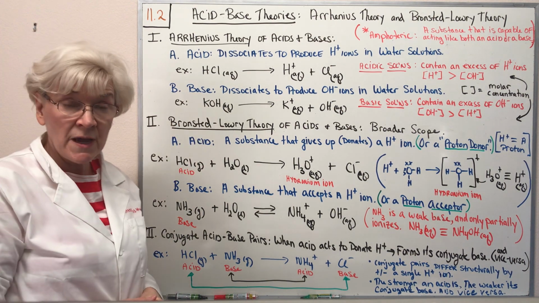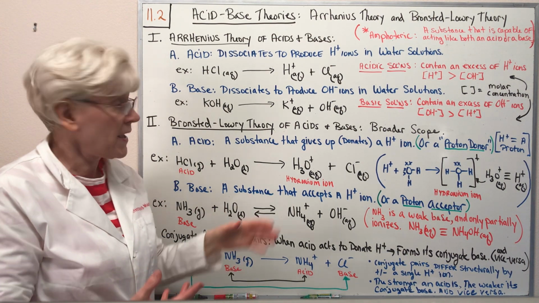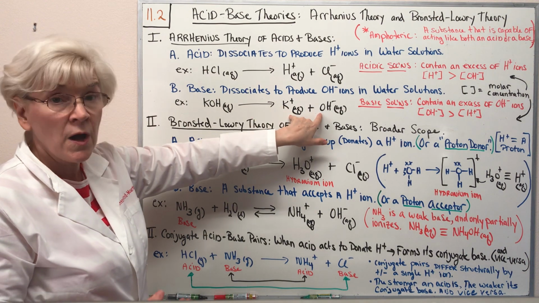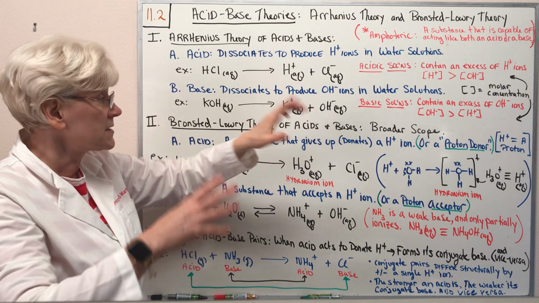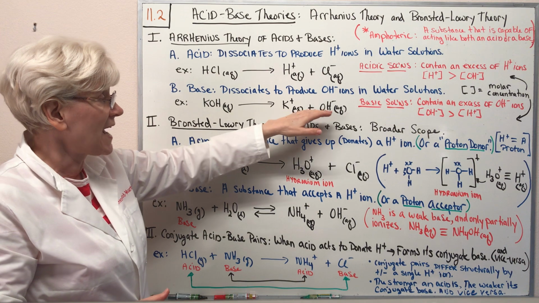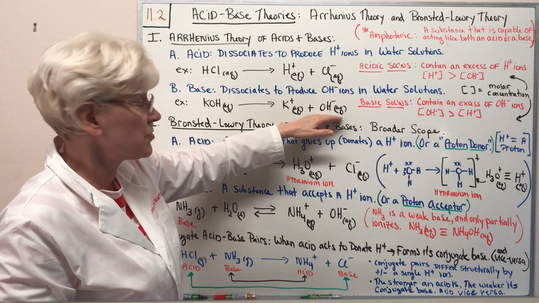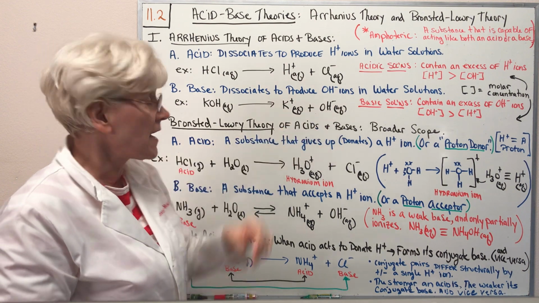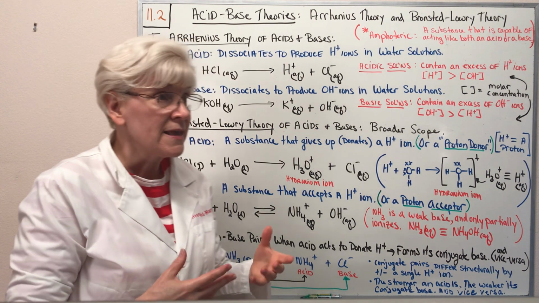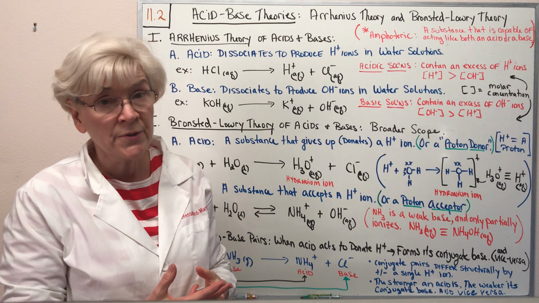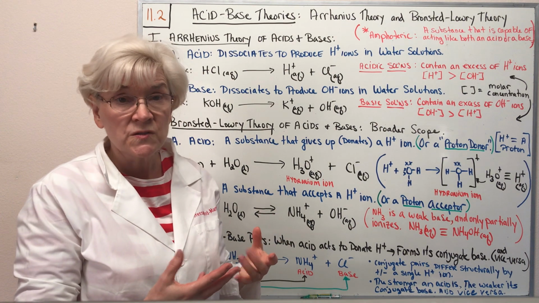So potassium hydroxide, a strong base. If you dissolve it in water, it will completely split apart to form potassium ions and hydroxide ions in water solution. And it's the presence of the hydroxide ion that carries the basic properties we described about solutions.